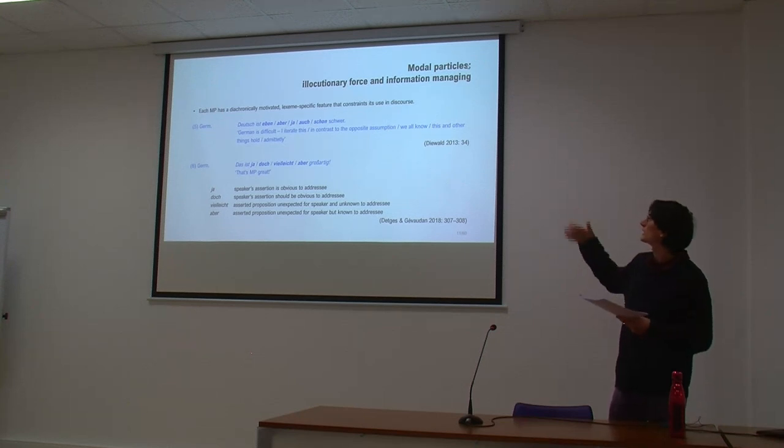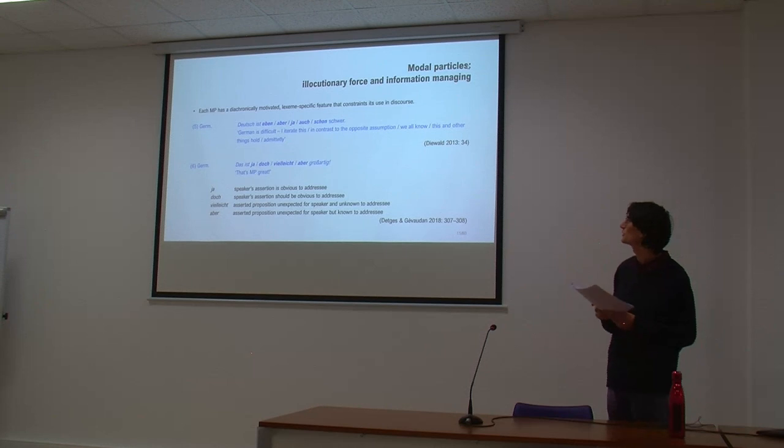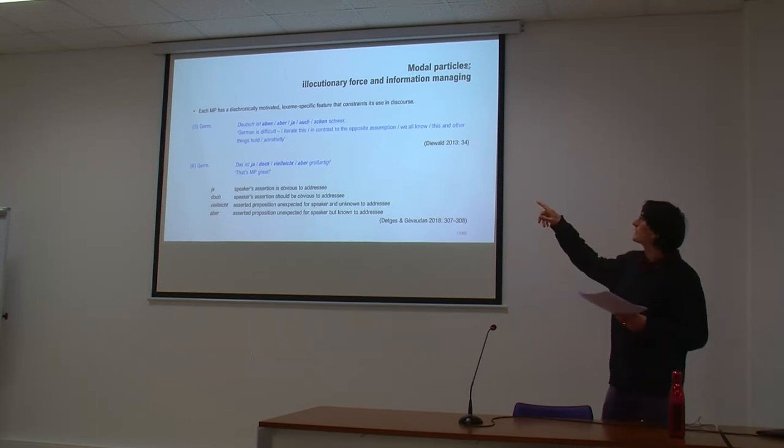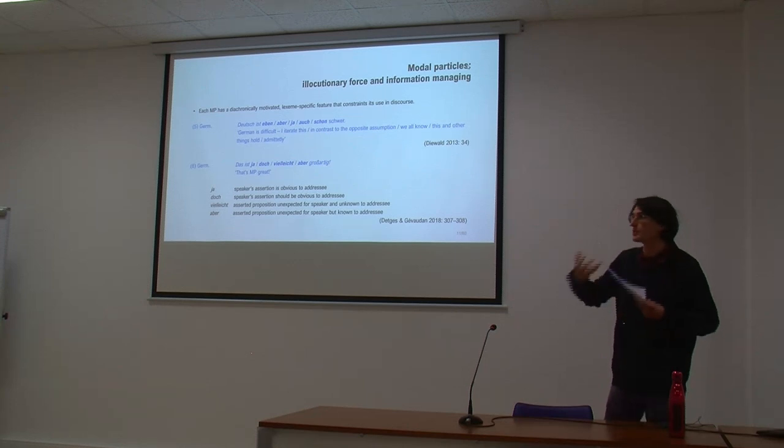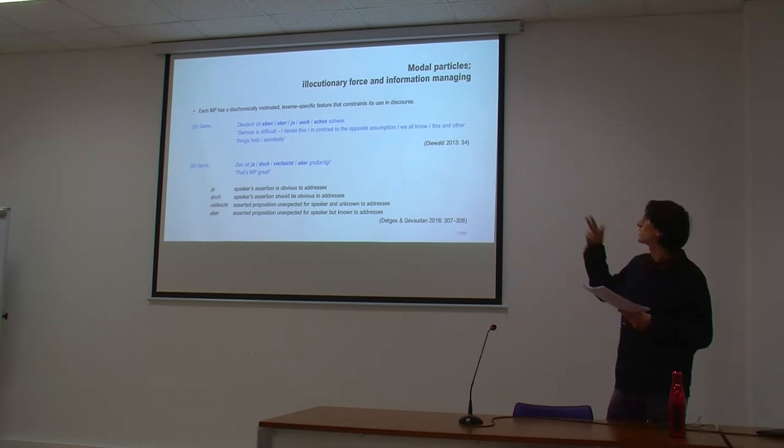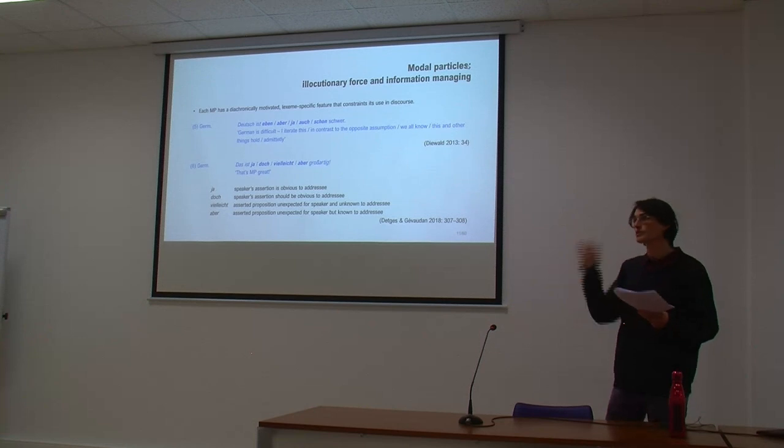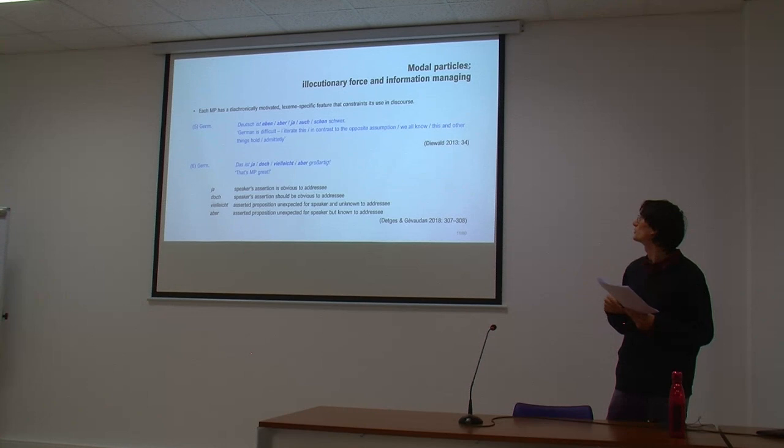In this way, we can have different paraphrases for each particle. These are again German examples, but it's almost over with German. So the particle eben means something like 'I repeat this.' The particle aber, in contrast to the opposite assumption; ja, 'we all know'; schon, and so on.